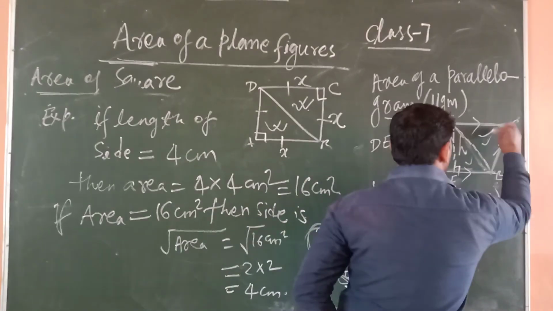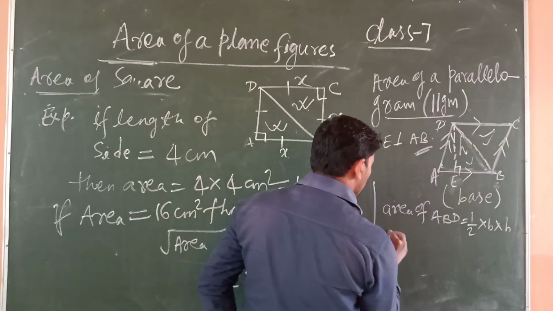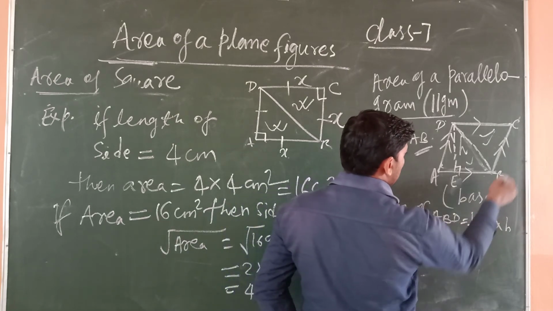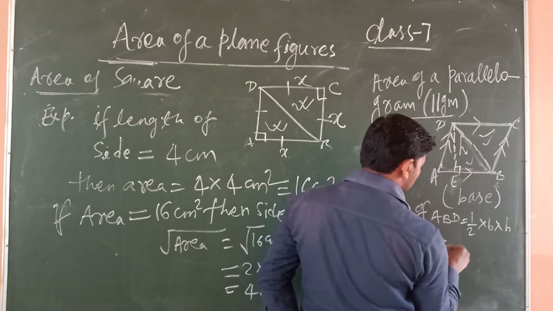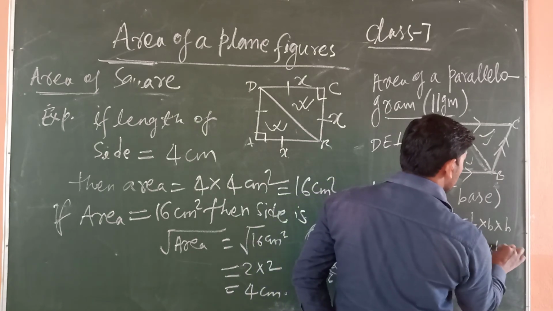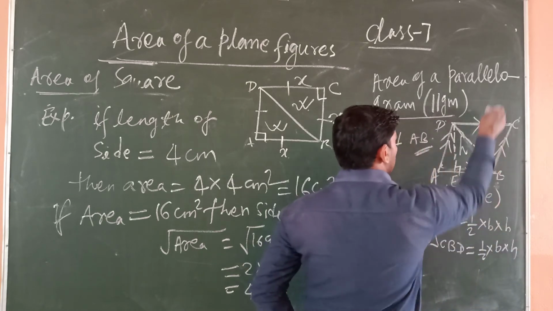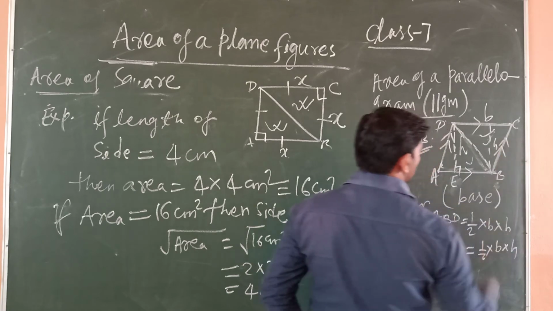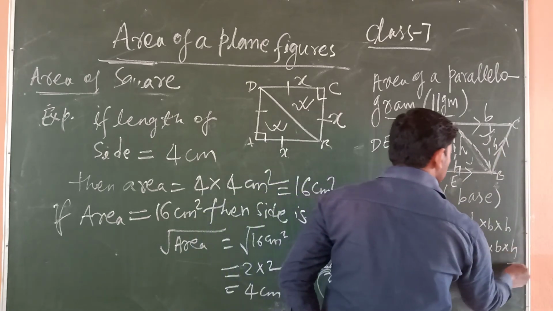For this triangle CBD also, area is 1/2 into base into height, because both have equal sides and the same height.